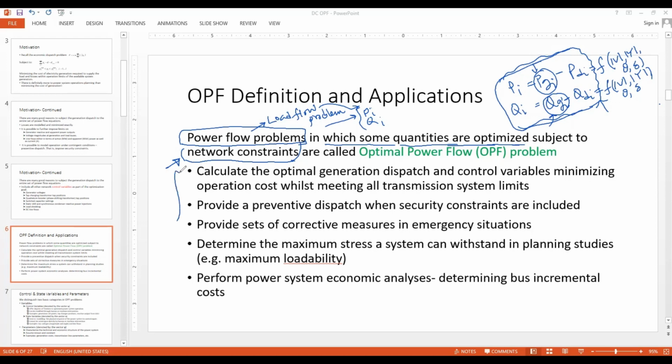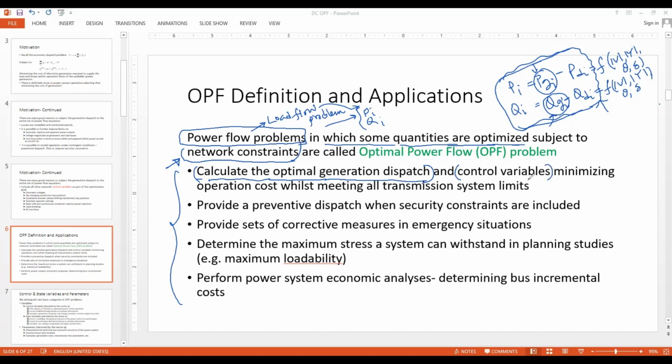So what are the features? There are some features of the OPF, or very different types that we may adopt for solving the OPF. So this is the statement. We calculate the optimal generation dispatch. This is the example where the objective is the same as ELD. So this is the objective of OPF. We calculate the optimal generation dispatch as well as the control variables.